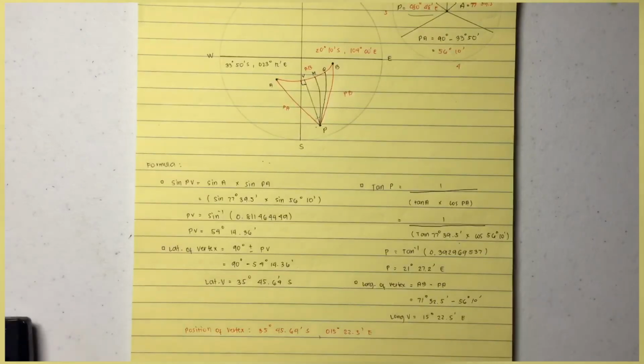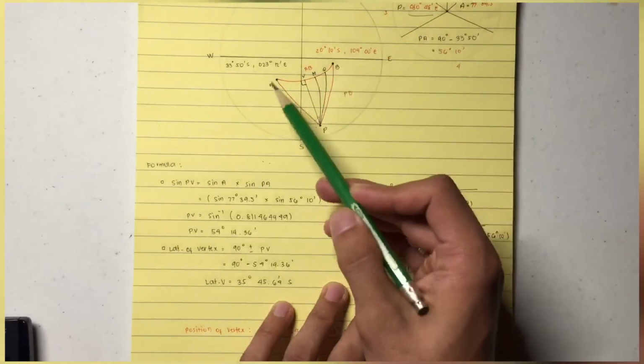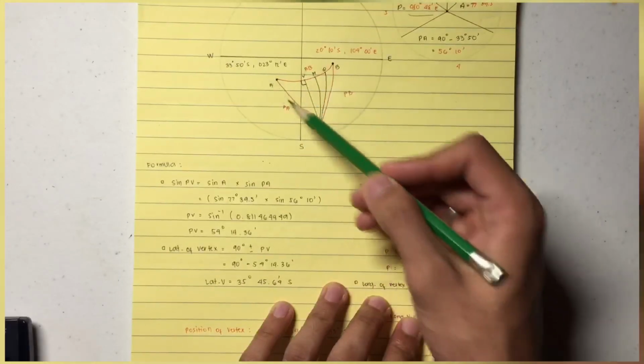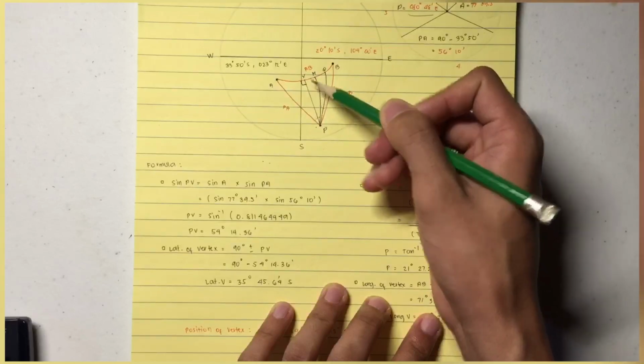Now this is the difference of longitude, so we need to get the exact value of the longitude of the vertex. So the formula is AB, since AB is here, subtracted by PA to get the value of the vertex.